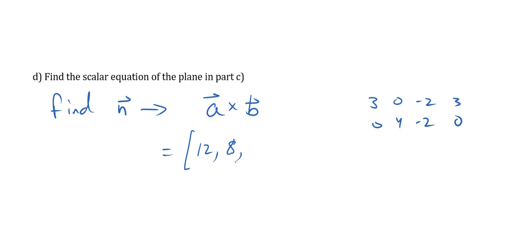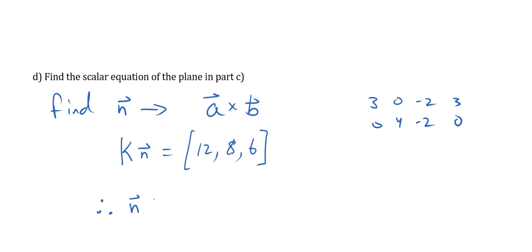And negative 2 times 0 is 0 minus negative 6 is positive 6. I'm actually going to call this Kn, and then I'm going to reduce it.